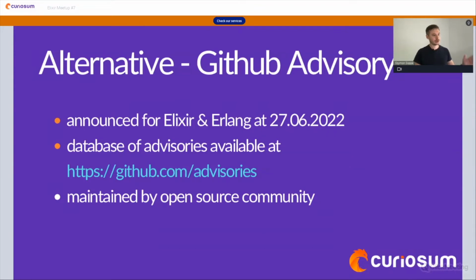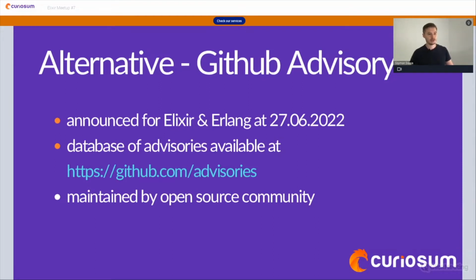If you go to github.com/advisories, you will see a list of languages where they store some advisories for security reasons, and it's maintained by the open source community. It's still based on what the developers in this open source community post, but if you use GitHub, then you can use it as a replacement.